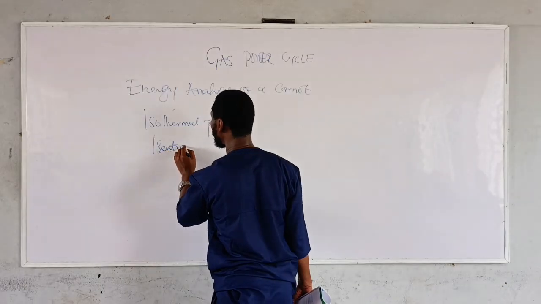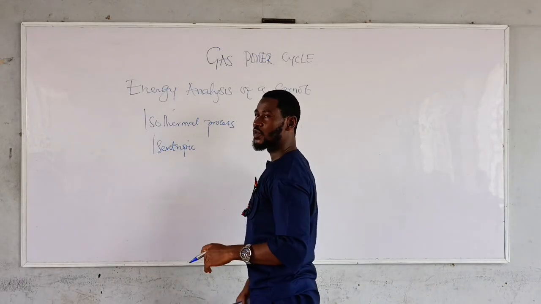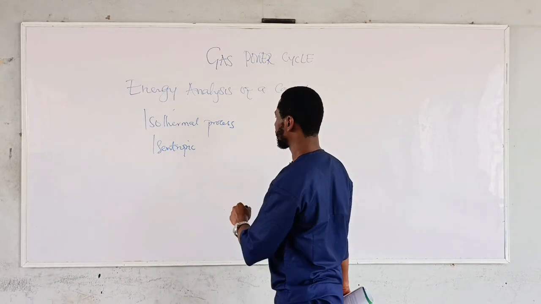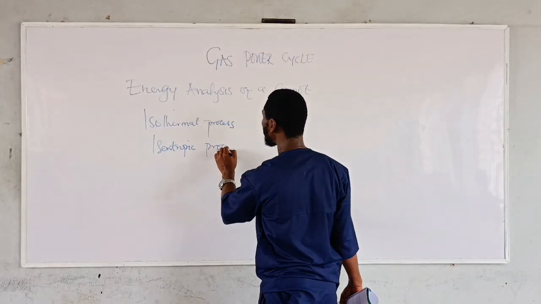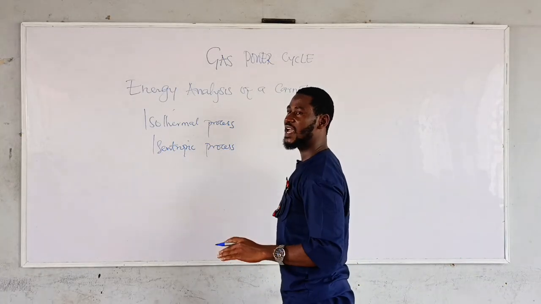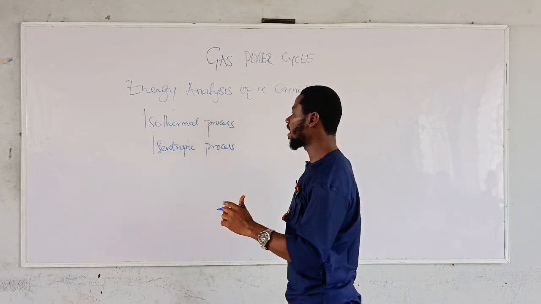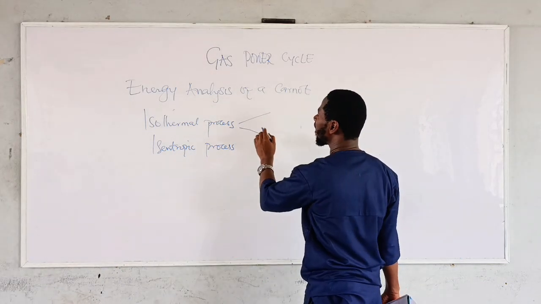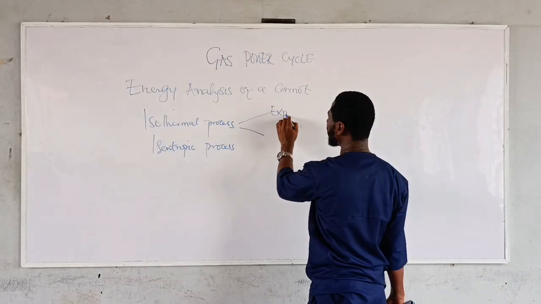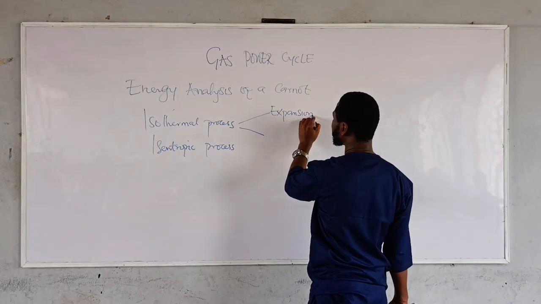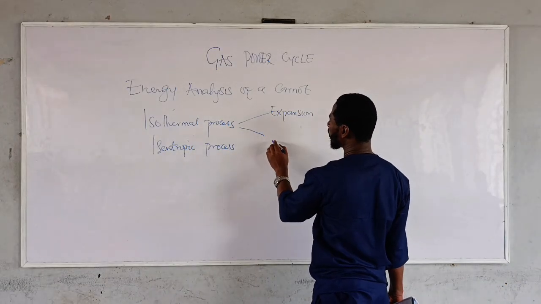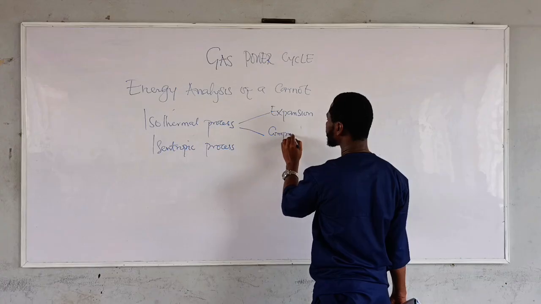Isentropic process simply means a reversible adiabatic process. These two processes are subdivided into isothermal expansion and isothermal compression.